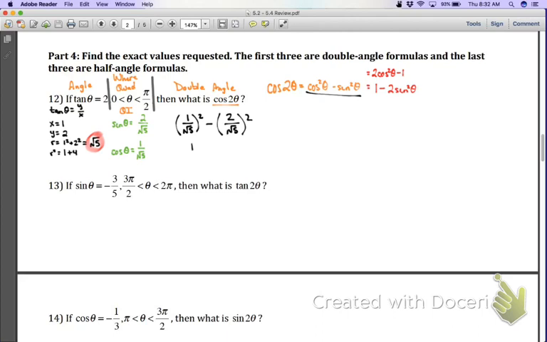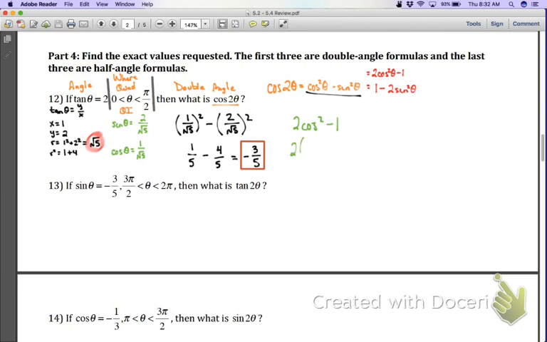What's the square root of 5 squared? 5. Subtract 2 squared, which is 4 over 5. What is 1/5 minus 4/5? Negative 3/5.